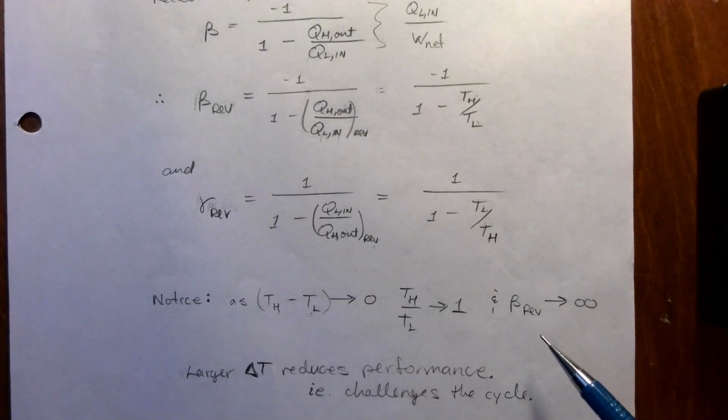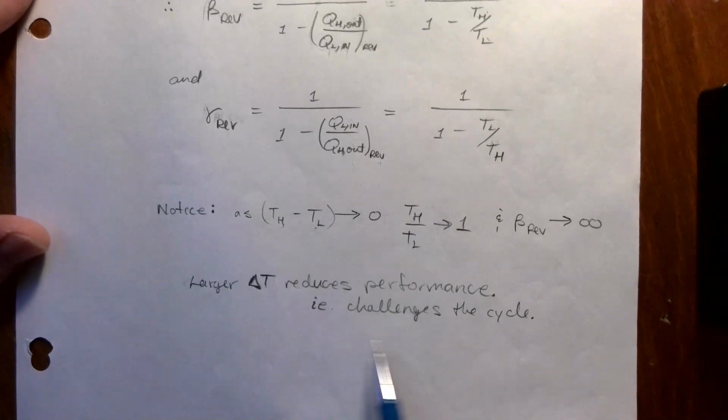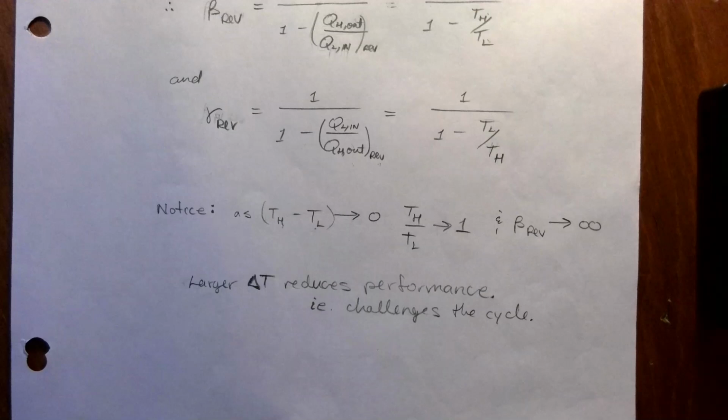So it works best when literally you don't need it. So it doesn't have that much of a temperature difference to work against. Larger delta T reduces the performance of the cycle. If it has a bigger load on it, its performance is going to be reduced. So it kind of makes sense.